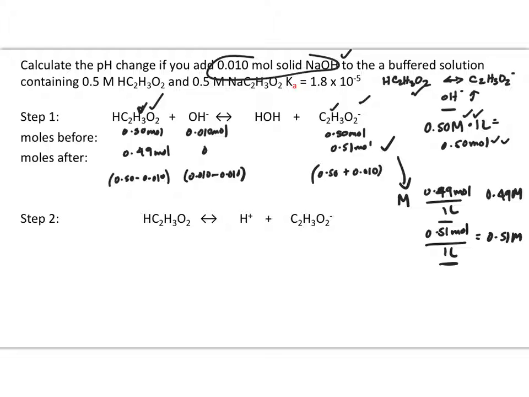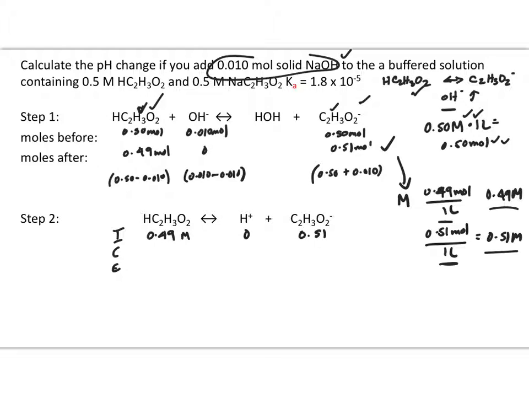Then, guys, we're going to plug our values back into our equilibrium expression. We're going to set up our ICE table here, with our new initial concentrations of each of our species that we calculated earlier.